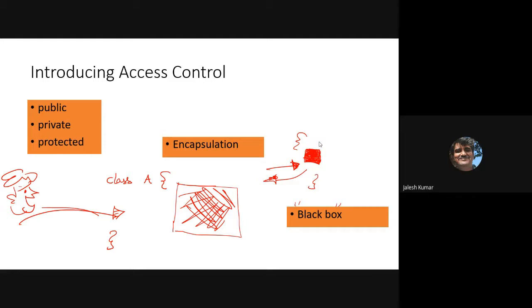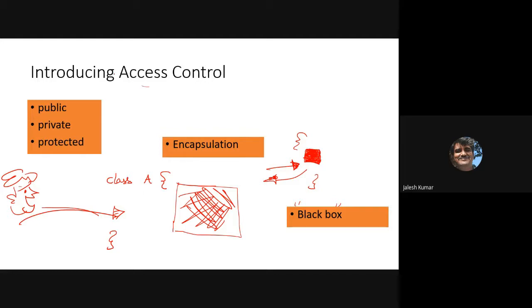That is the purpose. It allows access to data only through a well-defined set of methods, and you can prevent the misuse of the data. The inner working is actually implemented, but it makes a black box because the inner working is not open to tampering.